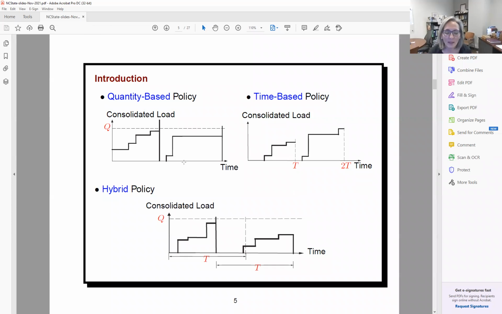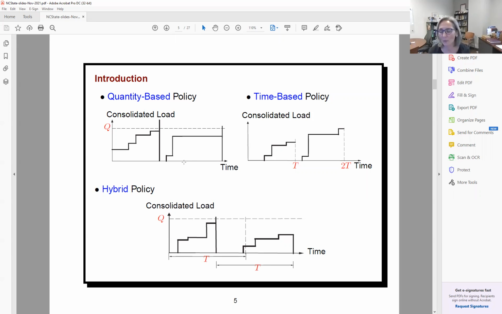If the consolidated load of size Q accumulates before time T, then you release the order again. So you are, in a sense, balancing the timely delivery expectations of time-based policies with the scale economies benefit of quantity-based policies under a hybrid policy.